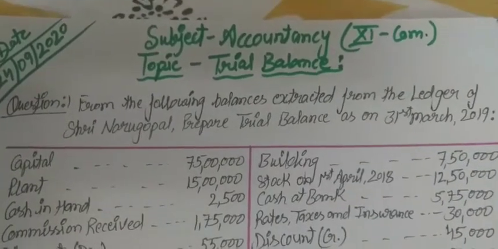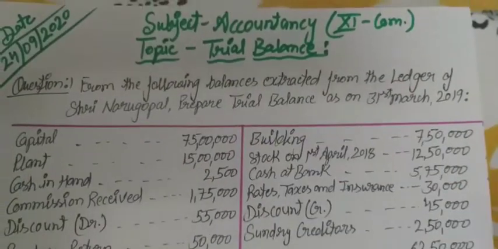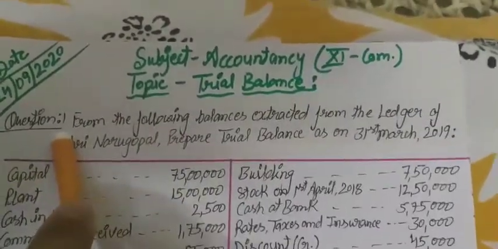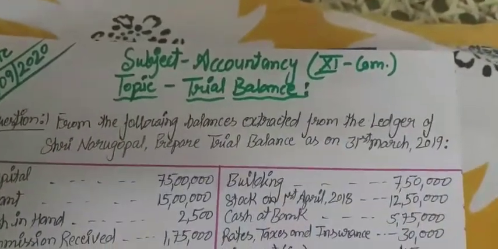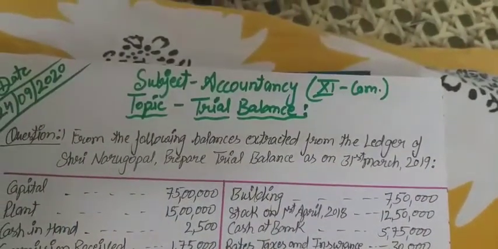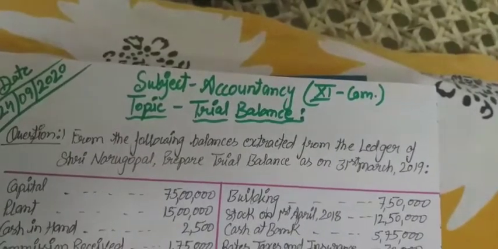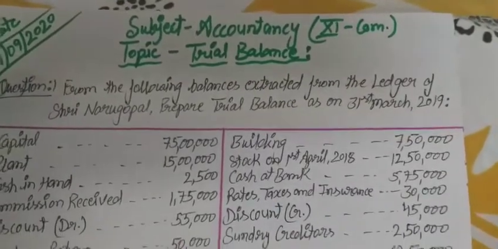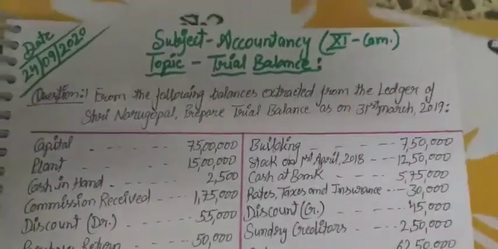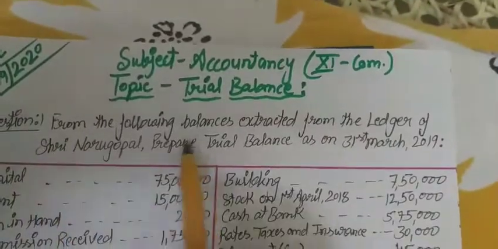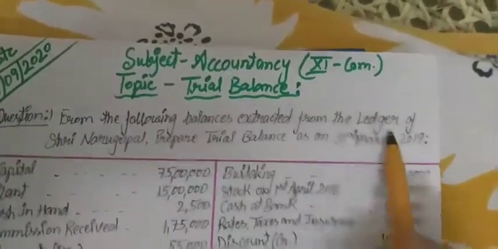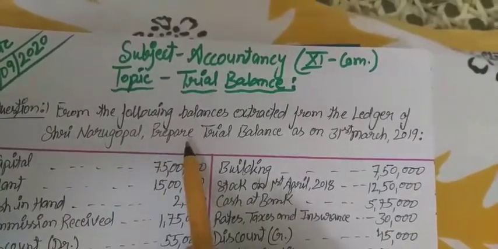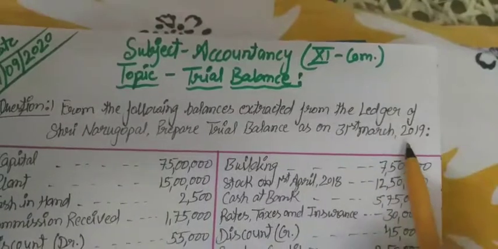Okay, students, let's see. I have written a question number first, because today we are going to solve two questions, so according to the sequence we can see the question as well as the solution. Now question one: from the following balances extracted from the ledger of Sri Narugopal, prepare trial balance as on 31st March 2019.